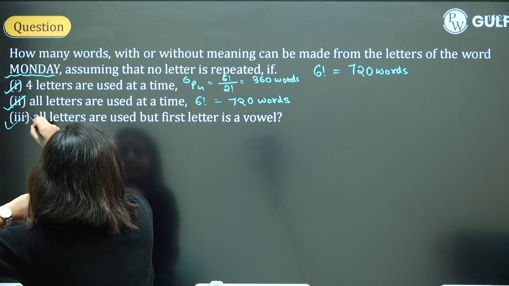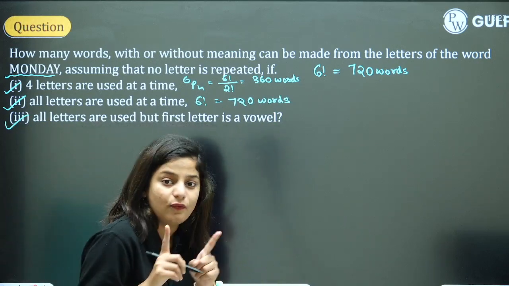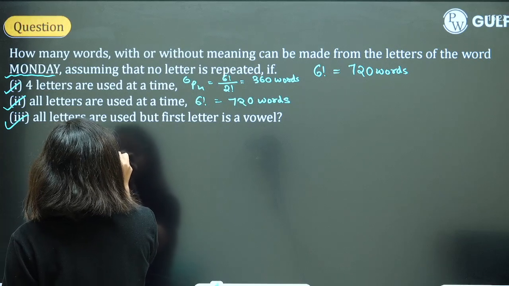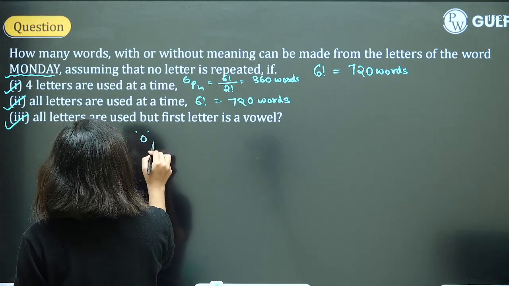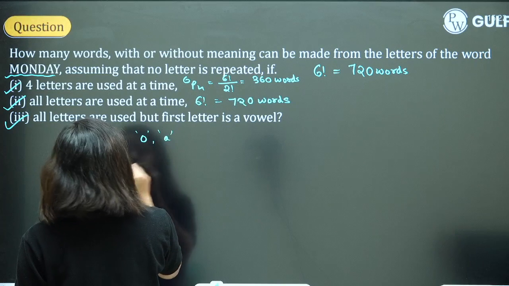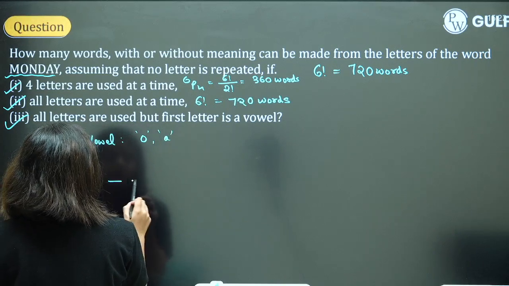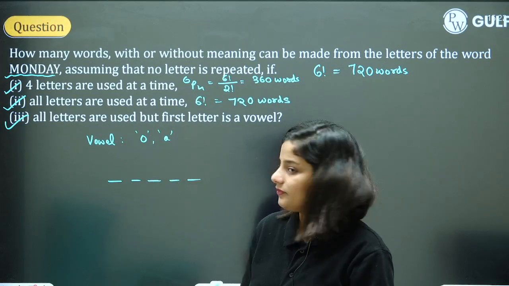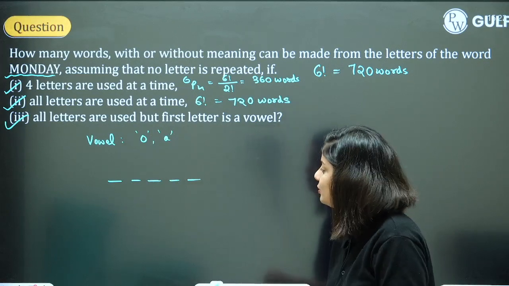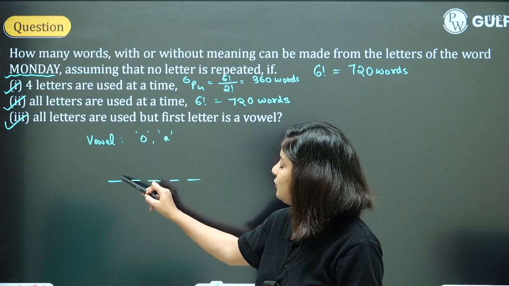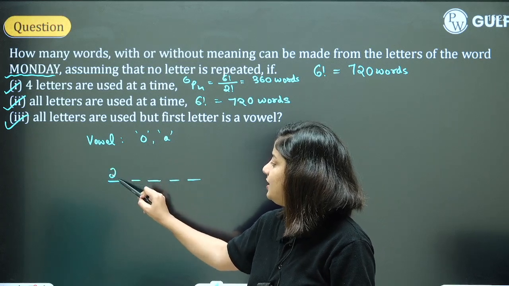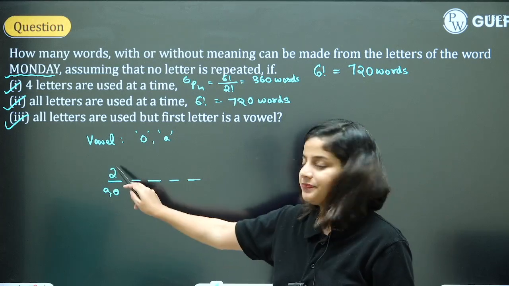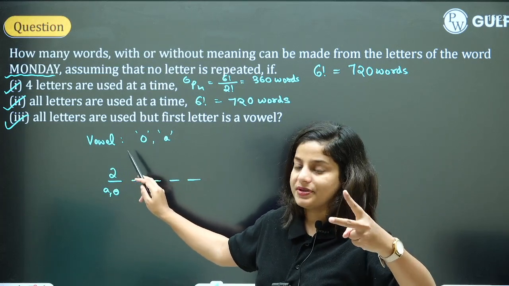And all letters are used, but the first letter is a vowel. Monday has how many vowels? O, A, that's it. 2 vowels. First letter is a vowel, meaning the first letter can be either A or O. So the first space has 2 choices.